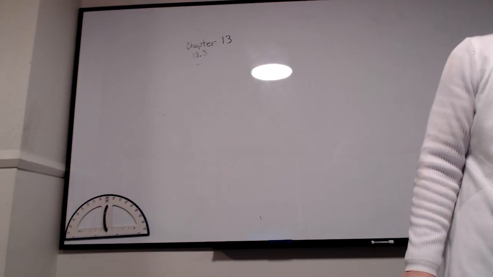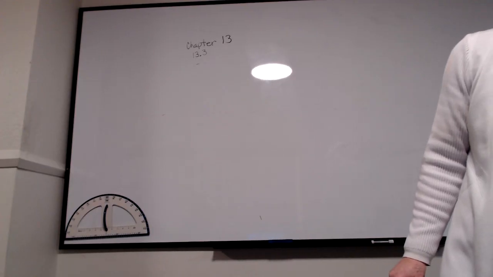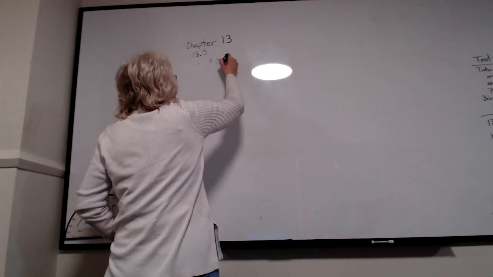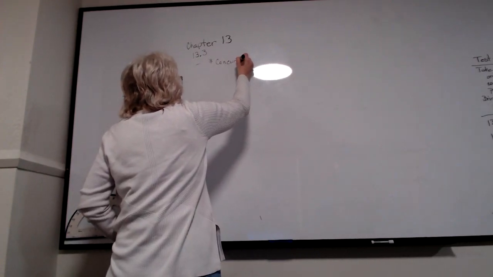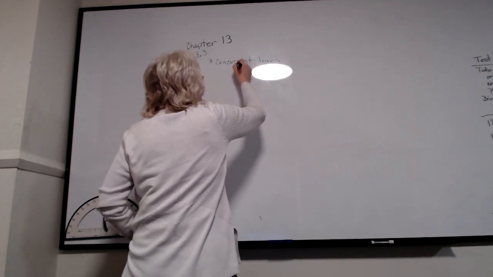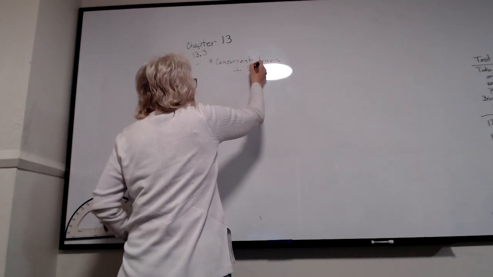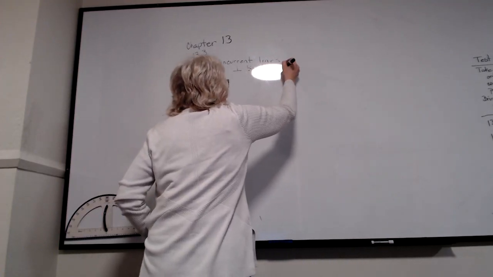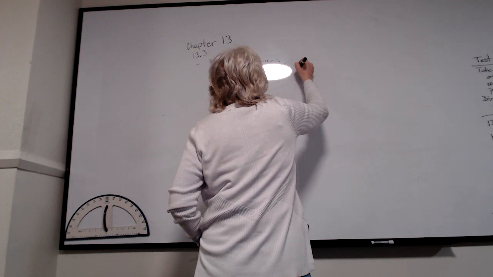Now, remember the first one we talked about, concurrent lines, was the perpendicular bisectors of a triangle.